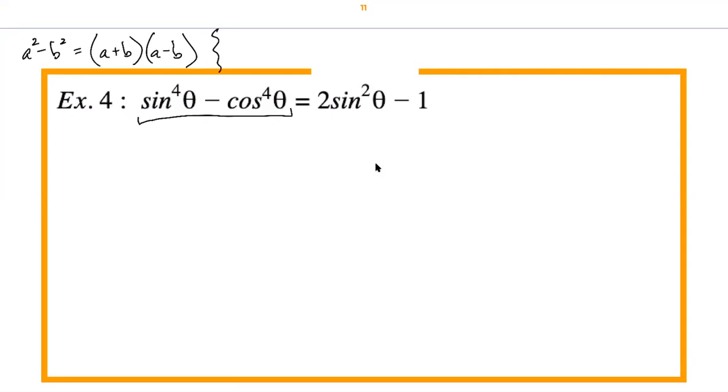But depending on your future math teachers, you may or may not realize that pattern actually happens for every even power that you have. So what I mean by that is a to the 4th minus b to the 4th can factor into a squared plus b squared times a squared minus b squared.